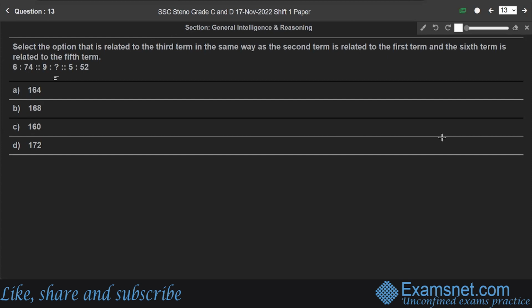So consider the first two numbers, 6 and 74. 6 is related to 74 as, 6 squared is 36, so I'll write 74 as 6 squared plus 6 squared plus 2. So 36 plus 36 is 72, plus 2 is 74.